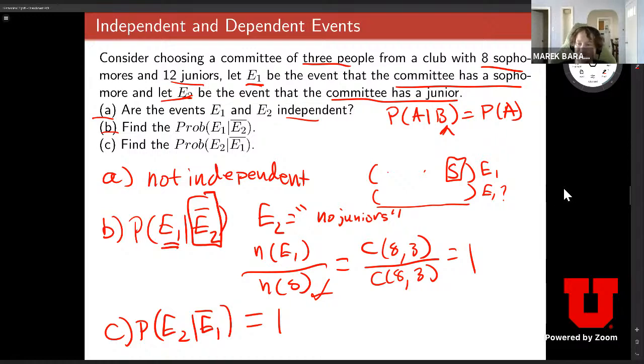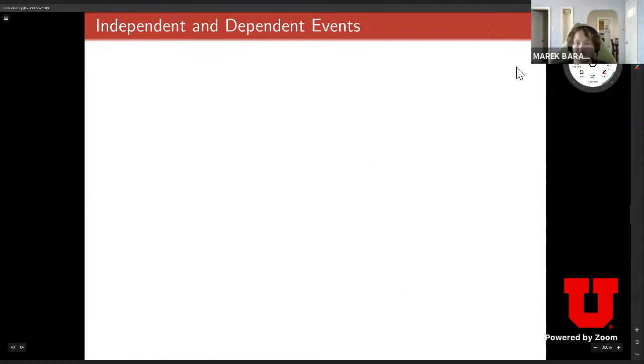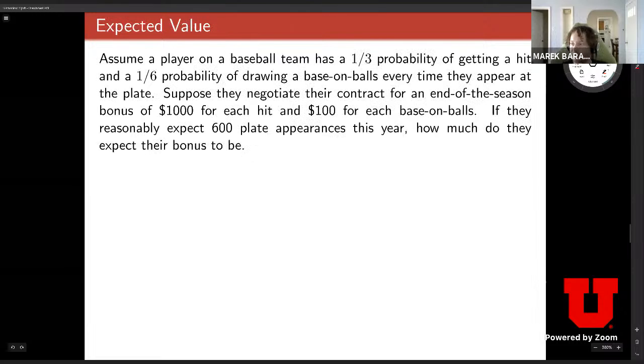Okay, we have one more, I think. Oh, 2 more. Except we're out of time almost. So we have a player on a baseball team who has a 1/3 probability of getting a hit, a 1/6 probability of drawing a base on balls every time they appear at the plate.